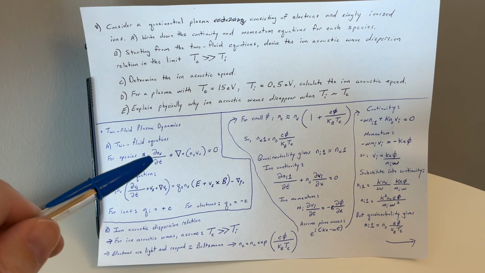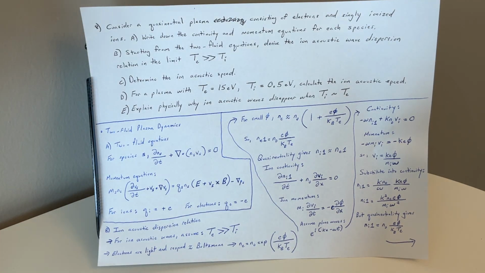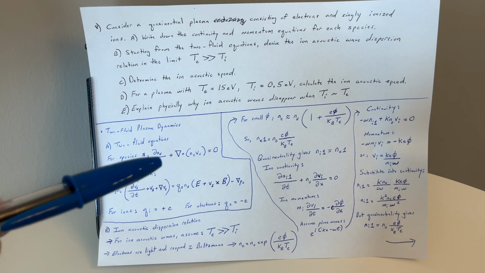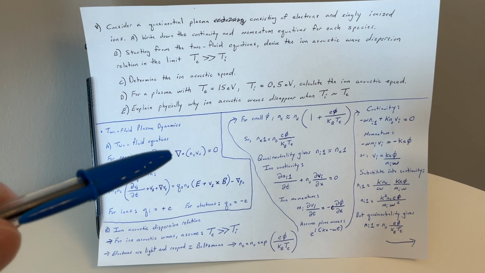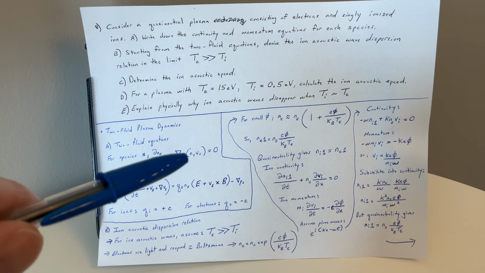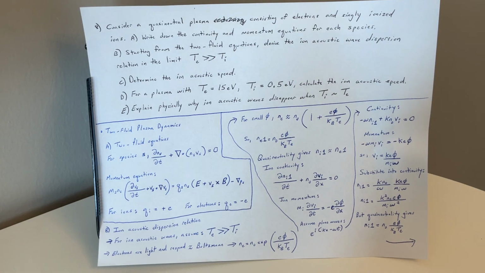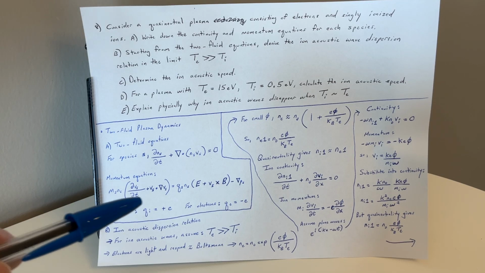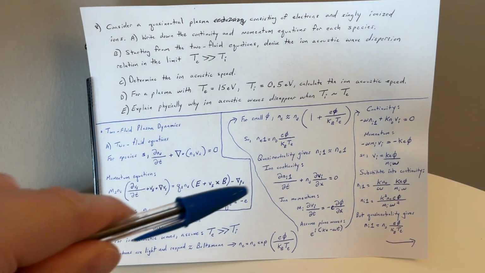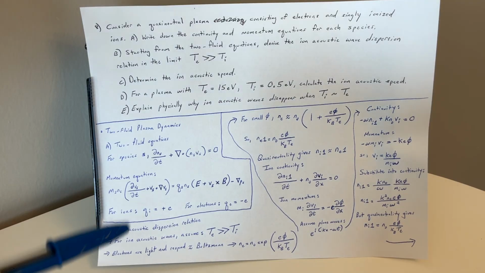We get the partial derivative of n sub s with respect to t, plus the del operator dotted with n sub s v sub s, equals 0. And our momentum equation, I'm not going to read it for the sake of brevity, that's this whole thing. And these are textbook equations.